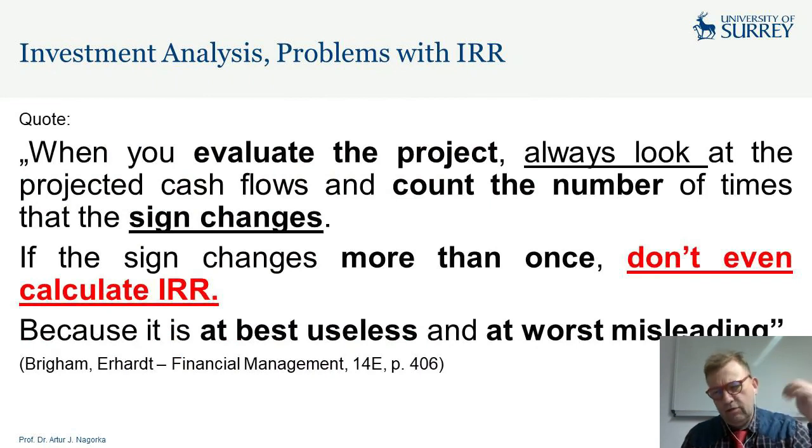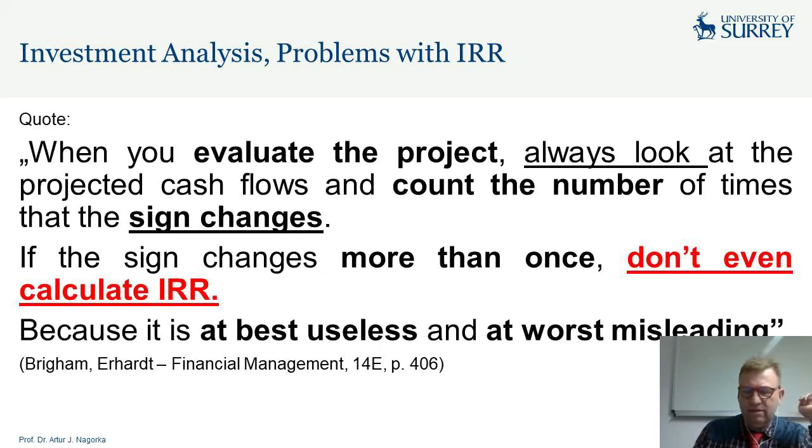And then this is the quote: when you evaluate a project, always look at the projected cash flows and count the number of times that the sign changes. If the sign changes more than once, don't even calculate IRR, because it is at best useless and at worst misleading.